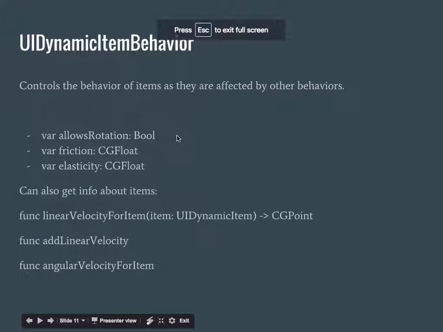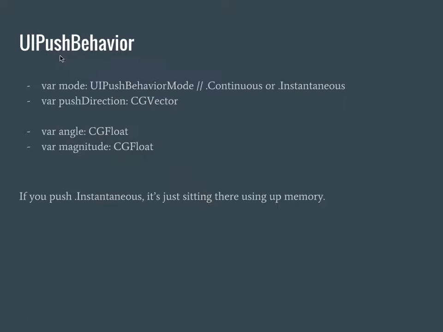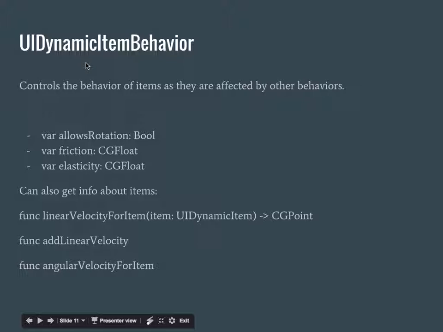So that's some of the behaviors, and then the next thing we're talking about is the dynamic item, some of the properties of the item. Okay, here. Do you want the item to be rotated? There is a variable here to set true or false if you want to rotate the item.